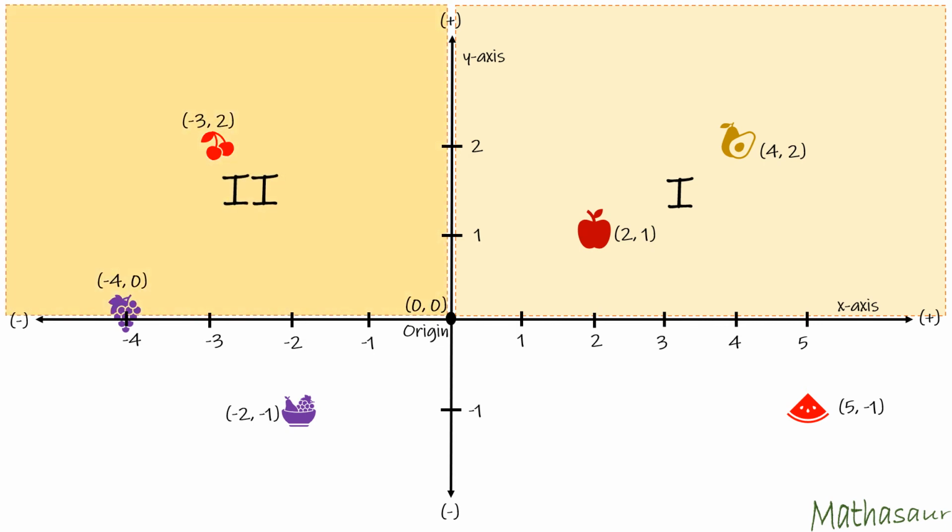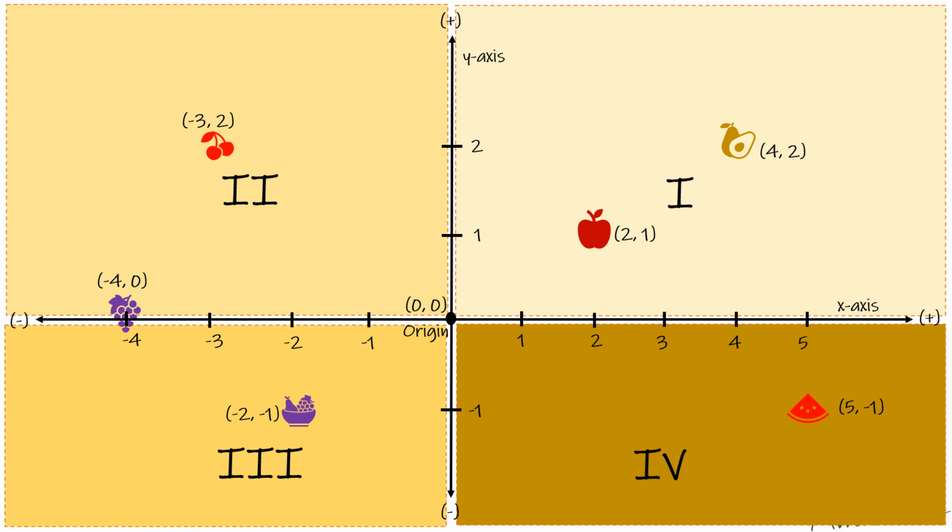The quadrant which is formed by the positive y-axis and negative x-axis, we call the second quadrant. Now this quadrant which is formed by the negative x-axis and the negative y-axis, we call the third quadrant. And this quadrant which is formed by the positive x-axis and negative y-axis, we call the fourth quadrant.